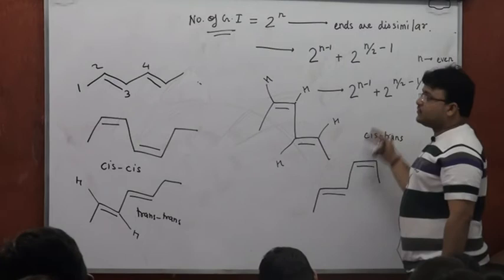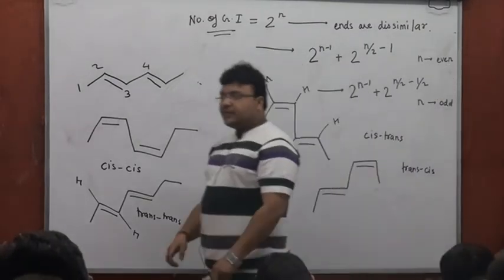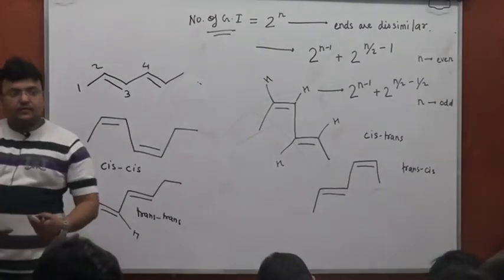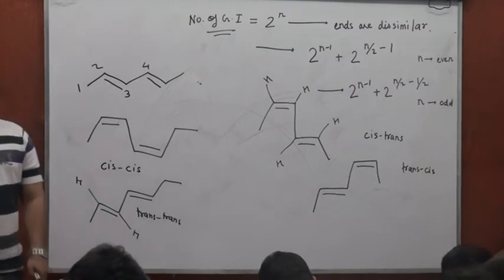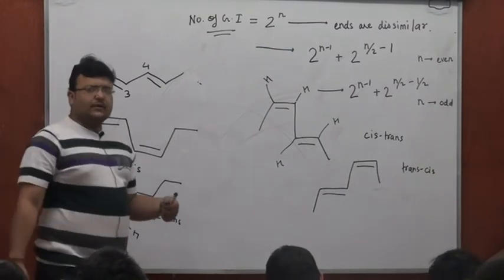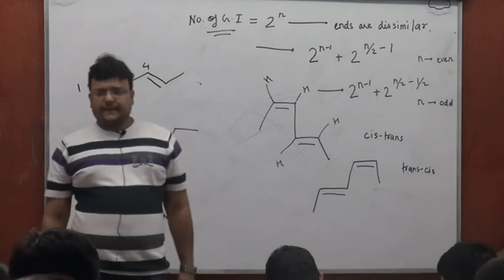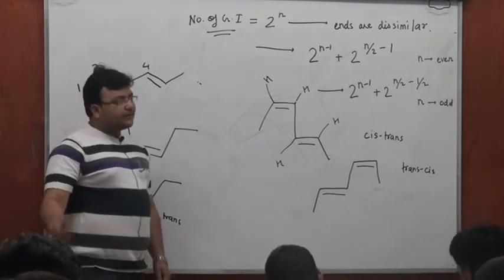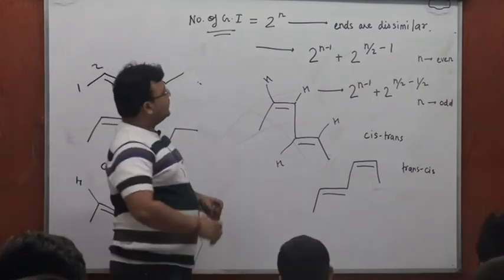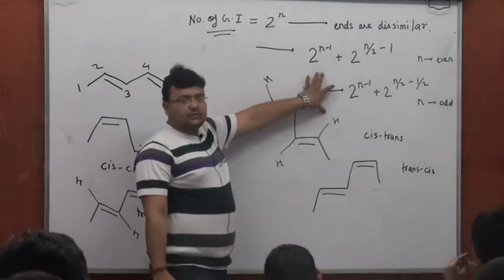So you'll want to recall these two results. The number of geometrical isomers is 2 to the power n only if the two ends are dissimilar. Otherwise you'll have various structures overlapping, and the number of structures will be less than 2 to the power n. You'll want to recall these two.